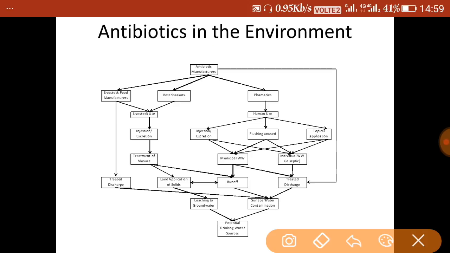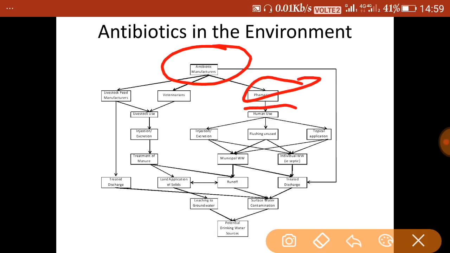They are used to treat fungal infections. Then there are some which antagonize metabolic processes. Sulfonamides are one example. These are used in humans, aquaculture and livestock as well.